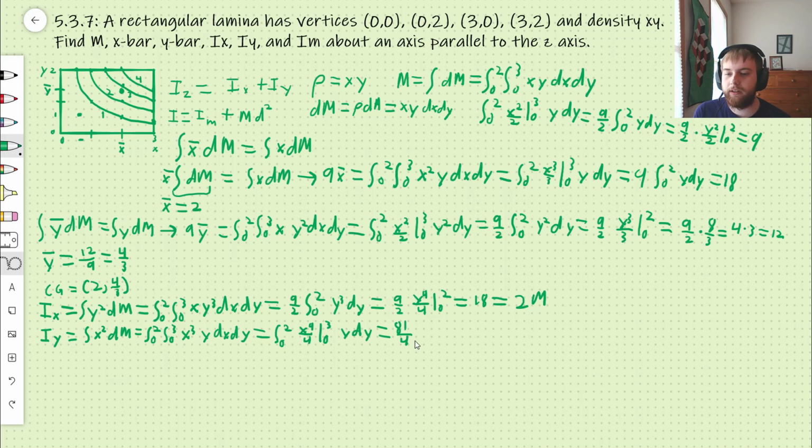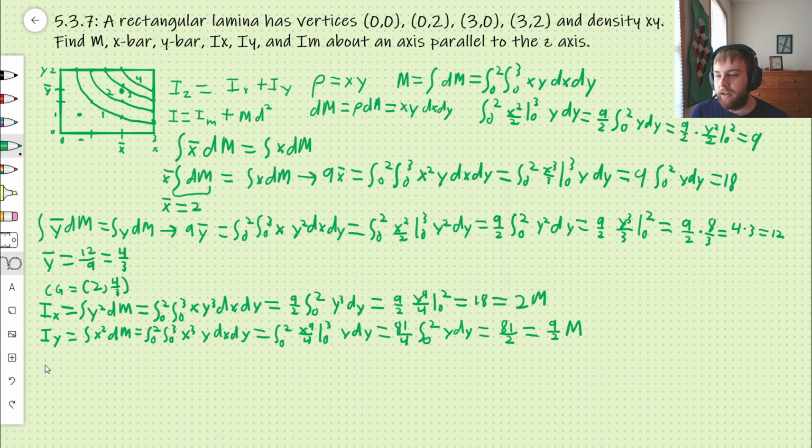We'll just keep that out in front since it doesn't affect anything. Integral from 0 to 2 of y dy. As usual, that's 2. We've done that integral plenty of times also. So this is 81/2. What exactly is the multiple of this? Dividing it by 9 gives us 9/2 m.